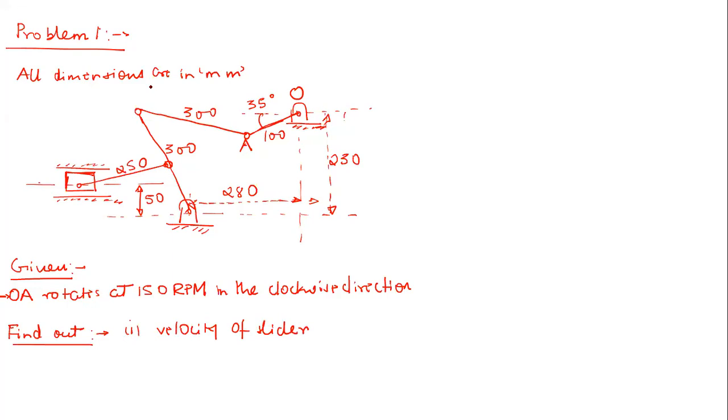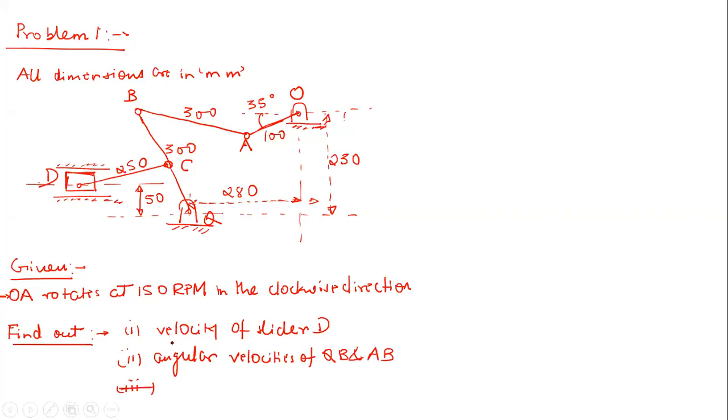This is your A, this is your B, then this point is C, and then this point is D, and this point is Q. So the first thing to find out is the velocity of the slider D. Then second are the angular velocities of QB and AB. So these two things we have to find out. Let us first start with the velocity of the slider D.